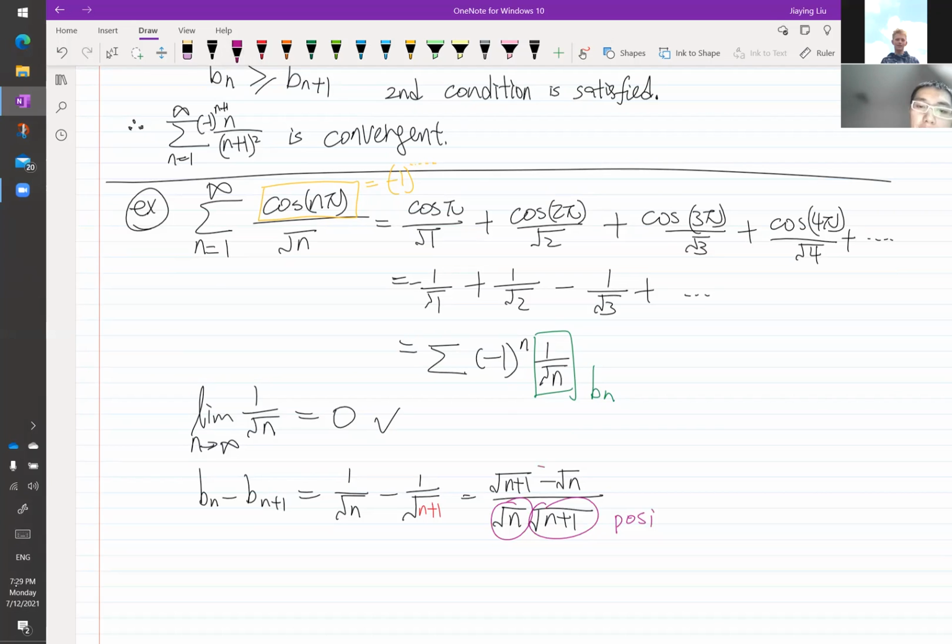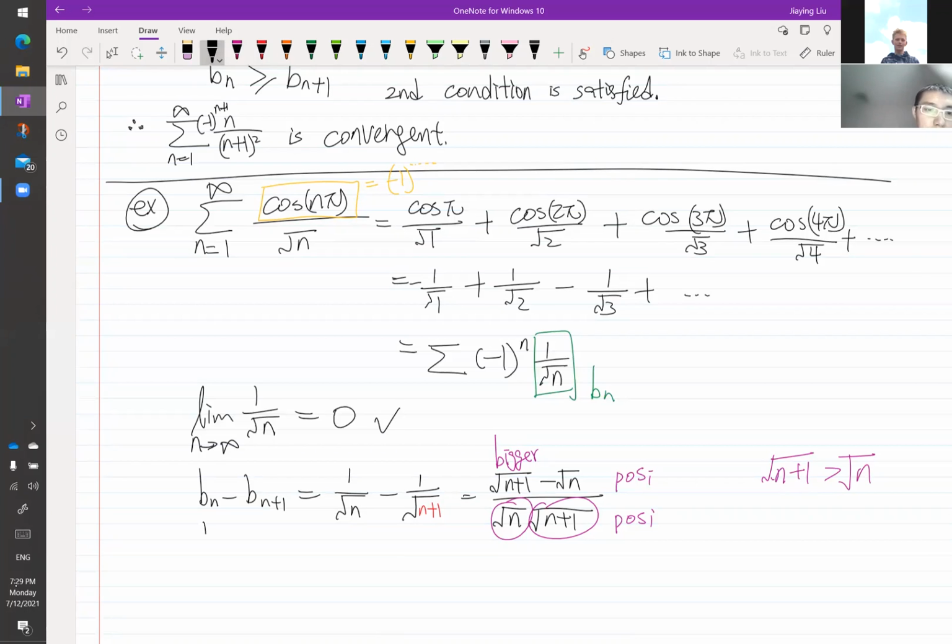Well, we know that n plus 1 is always bigger than n, and the square root of that is always going to be bigger because they're positive, right? So you don't have to worry about negative. So therefore, the numerator is always going to be positive. So the overall fraction is positive.